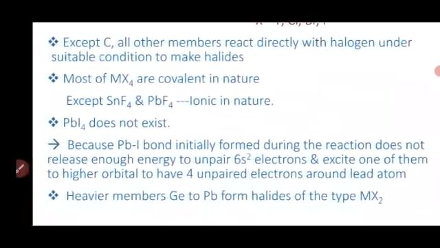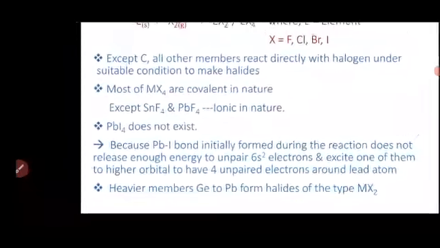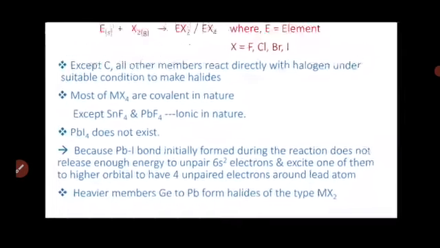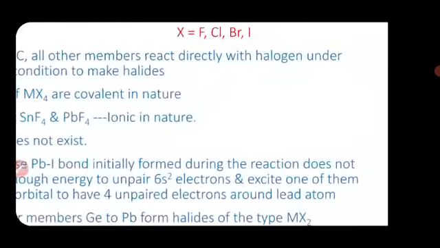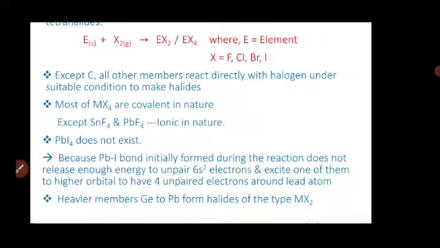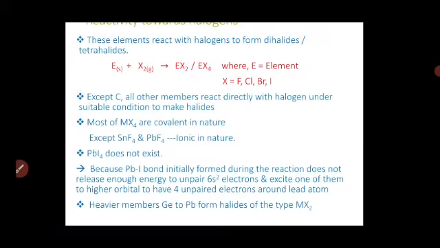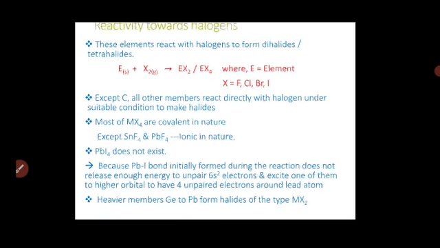Hence PbI4 does not exist. Then the heavier elements, germanium to lead, form halides of the type MX2. Means stability of EX4 decreases down the group, whereas stability of EX2 increases down the group.